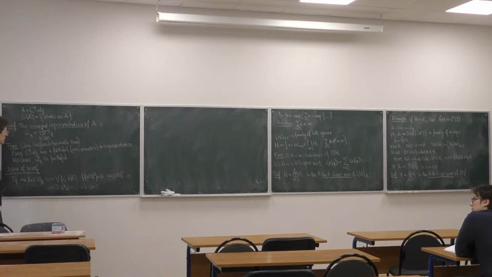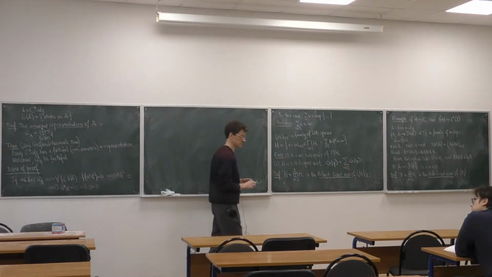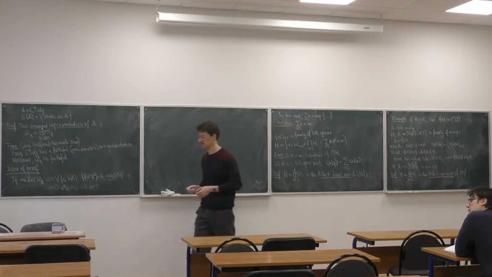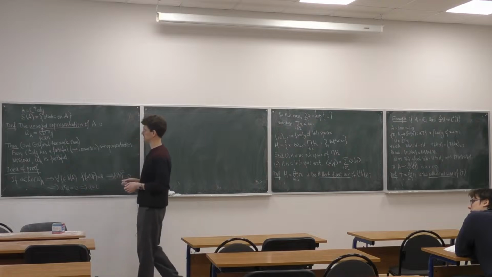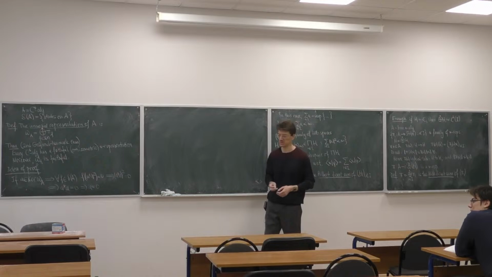Okay, so the only little disadvantage of this construction is that the Hilbert space where this representation acts is huge. We take all GNS representations over all states, and the resulting space is very big. Usually it is not separable, even if the algebra A is separable.